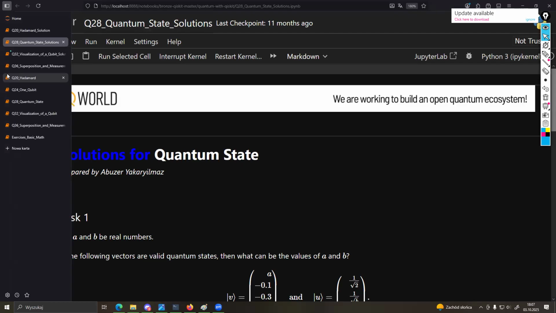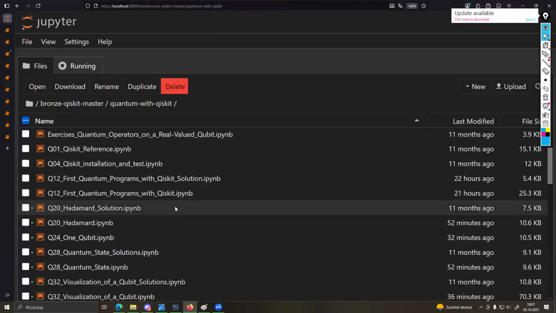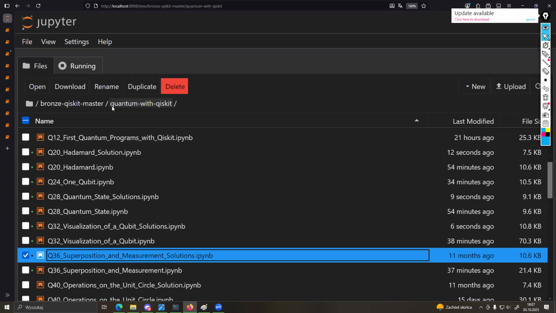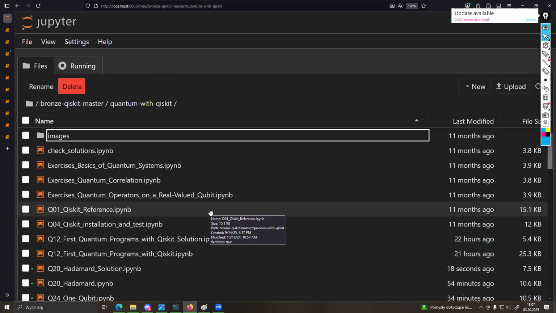But first of all, let me discuss which notebooks we will be using for today's lecture. We will be using the Quantum with Qiskit folder, so you could navigate. I already have opened my Jupyter Notebook session.